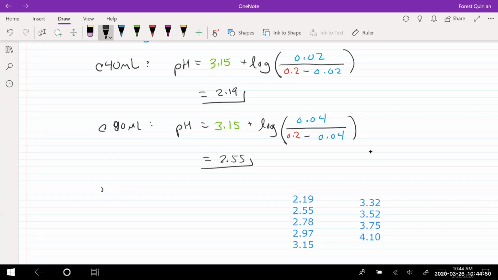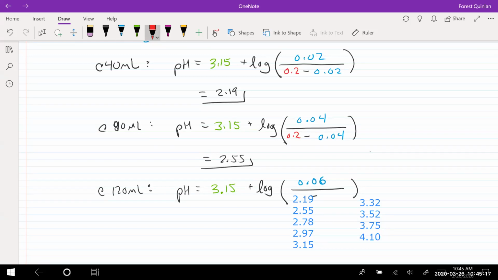So at 120, pH is equal to, once again, 3.15 plus log of 0.06, right? Because now we're 3 times the volume.